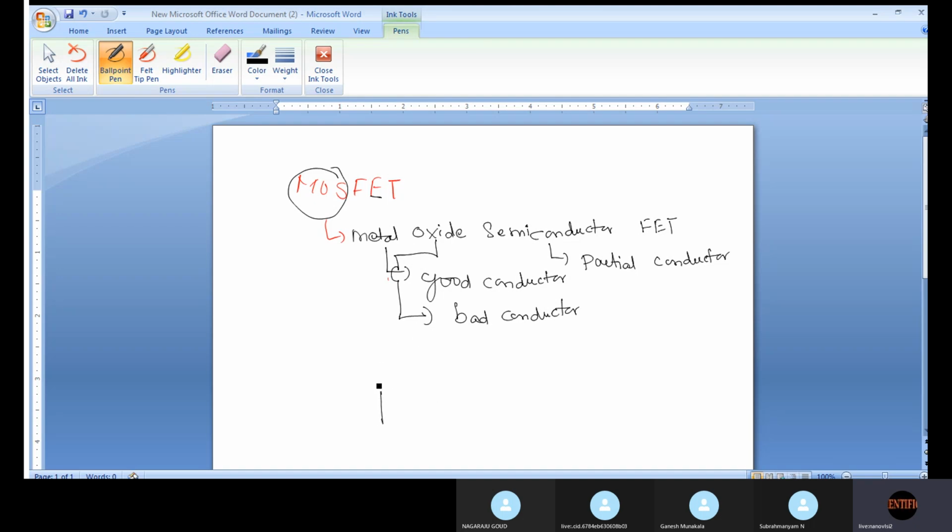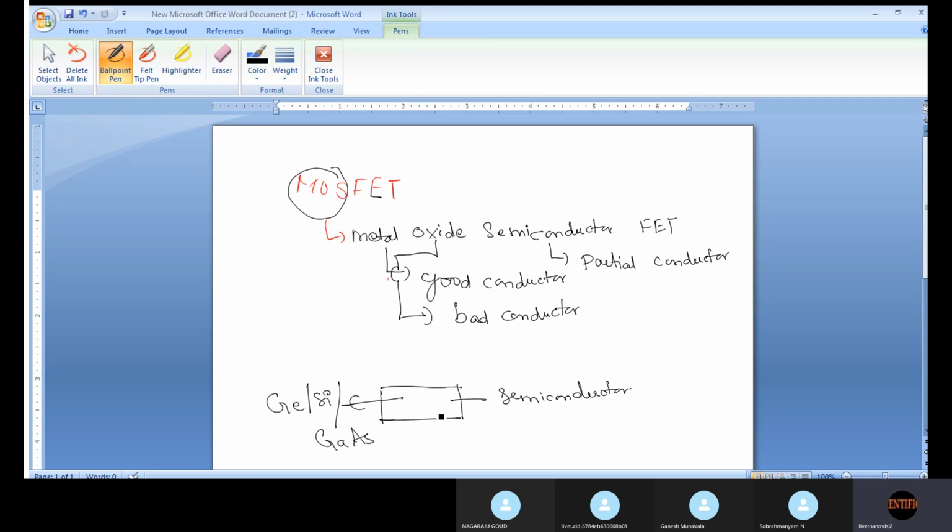If we see the structure of the MOSFET, the base is nothing but the semiconductor. The semiconductor may be germanium, silicon, or gallium arsenide. There are many types of semiconductors.